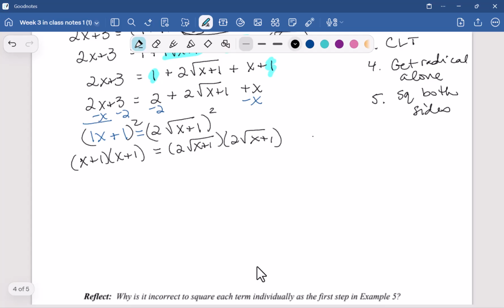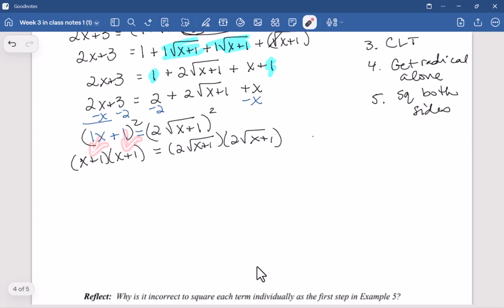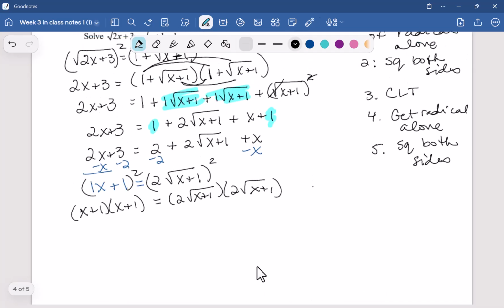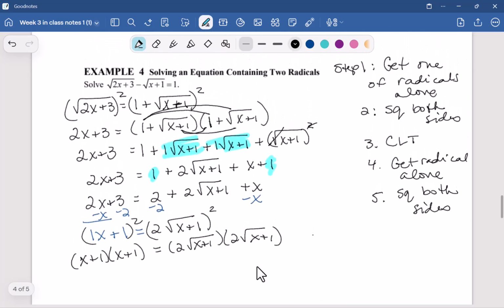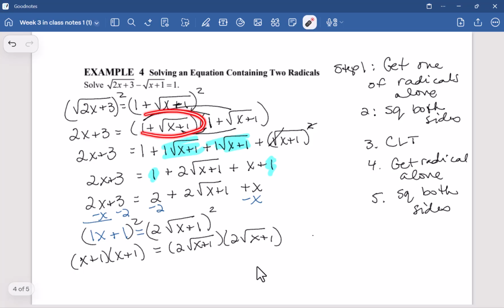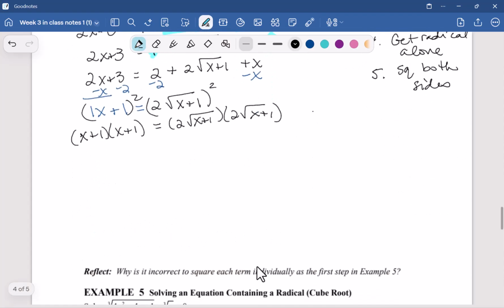The left side I FOIL because I have a binomial times a binomial. Like, you see that plus sign right there and right there? That says I have to FOIL it. This one does not have a plus sign, so it does not have to be FOILed. That's the difference, make sure you see that. This one had a plus, this one doesn't. So these two I had to FOIL. These two I don't.